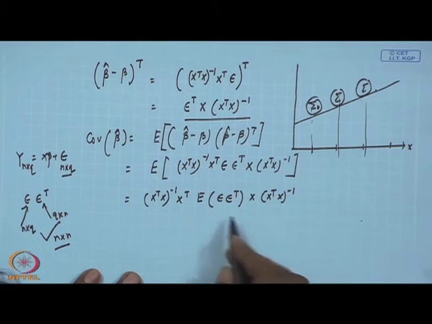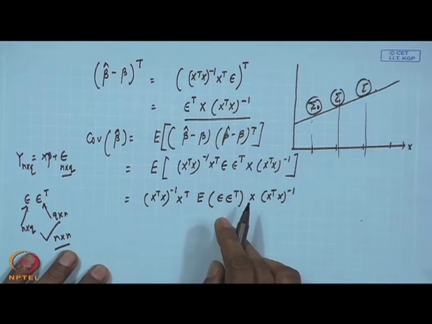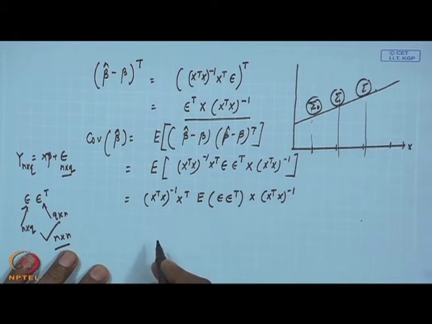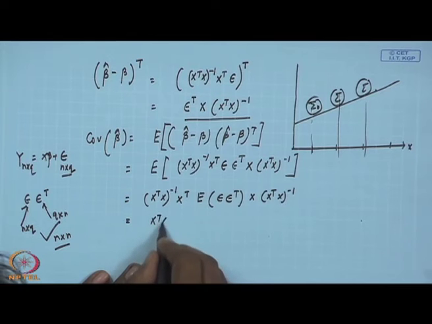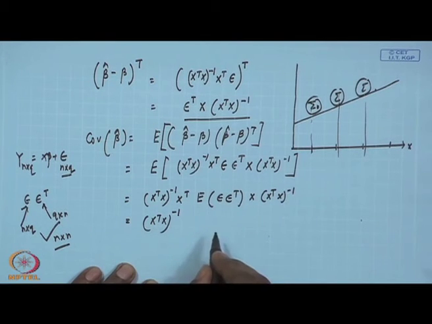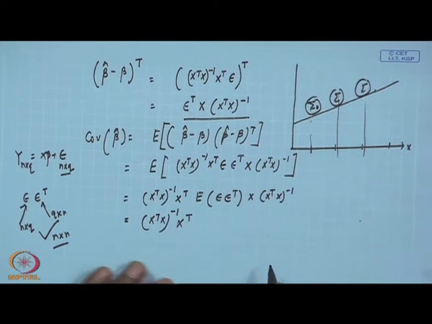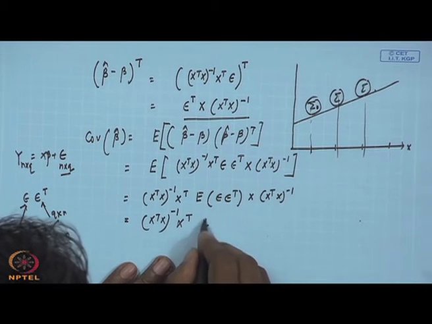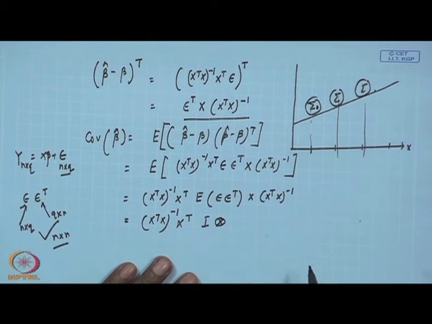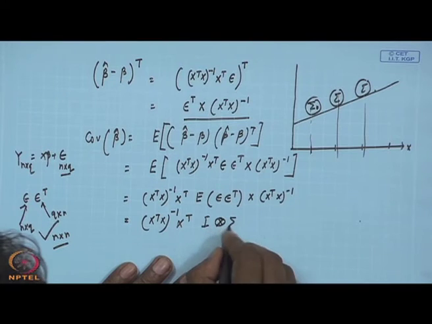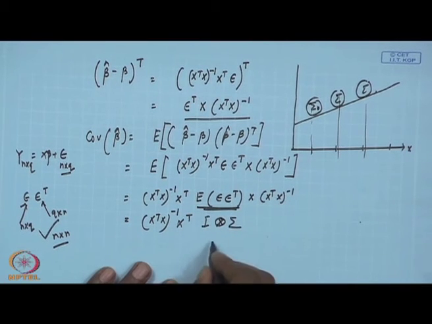So, ultimately this quantity will become like this: x transpose x inverse x, then this will become into I, where there is an operator called the Kronecker product.